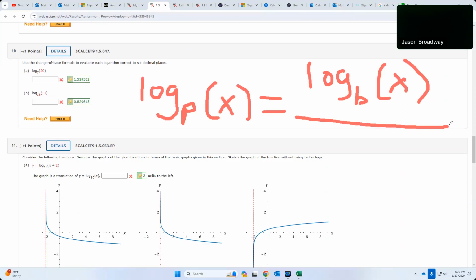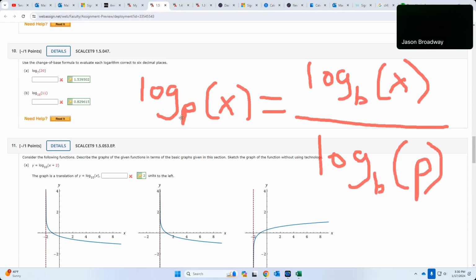Okay, so if this over here was like the log base 2 of X, natural log of X over natural log of 2. So if you have a B here, you always want the B here.